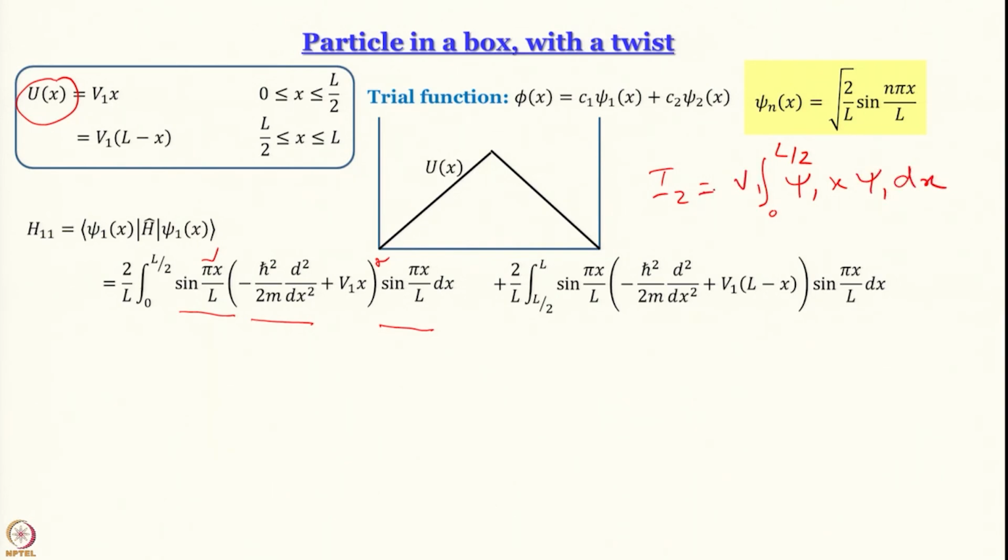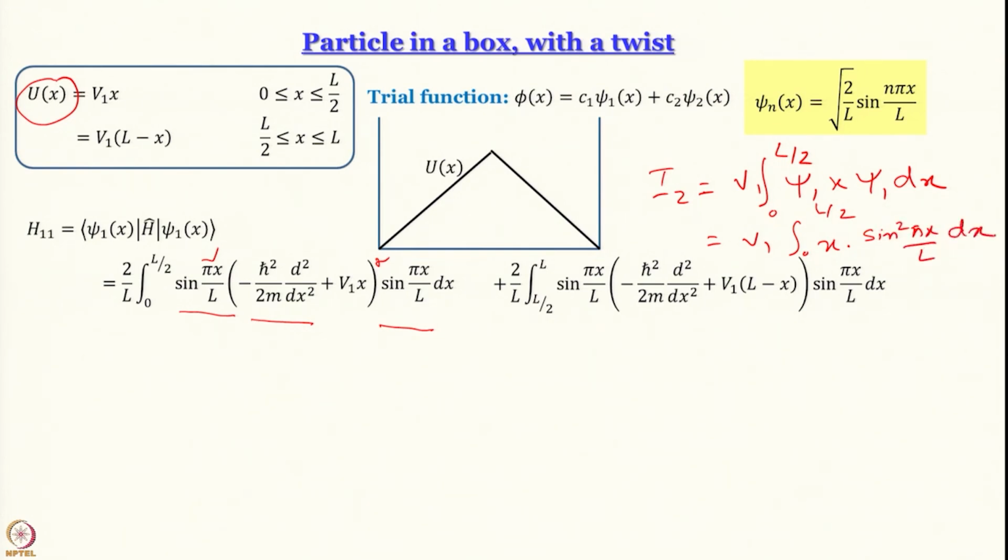V1 is a constant, remember. So, this will be V1 times the integral from 0 to L by 2 of x into sin square of pi x divided by L dx.